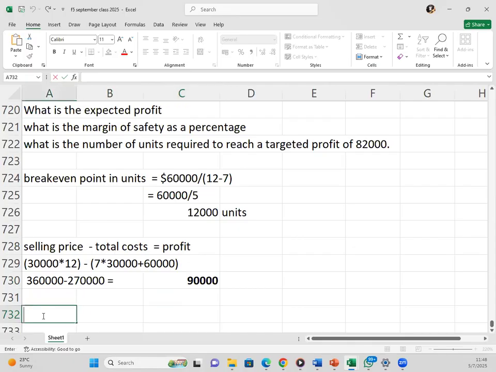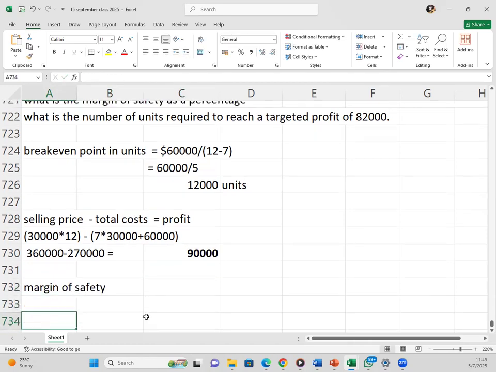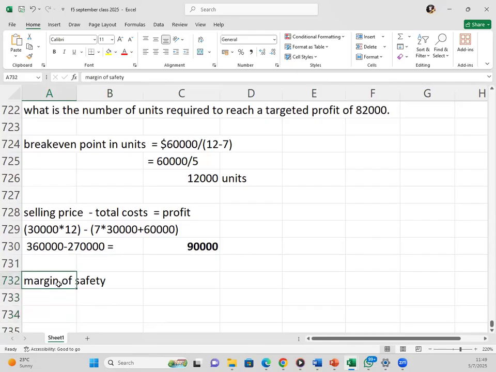Then what is the margin of safety? We are saying by how many units are we safe. We break even at 12,000 units, but currently our production is 30,000.